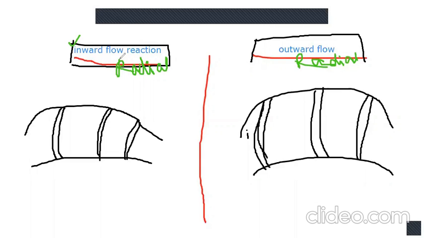First of all, inward. What is the meaning of inward in a reaction turbine? The blades are mounted on the disc, which is called the runner. Here it is, the runner.